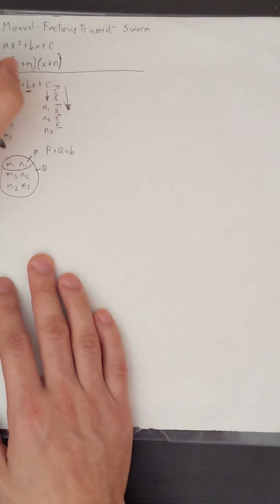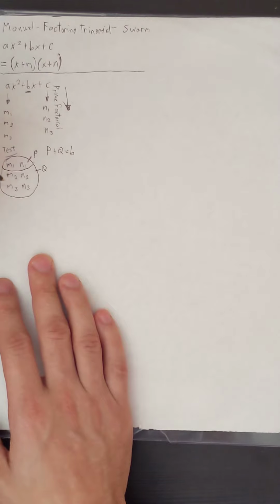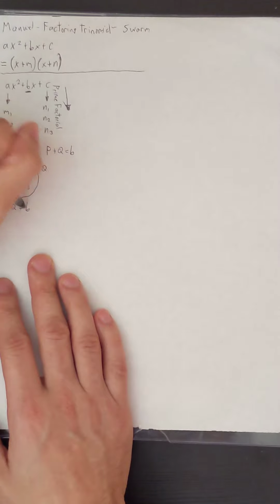We're going to do it like a little test. Let's suppose that we calculated this, and this is the multiplication of the variables together. P is m1 times n1, Q is m2 times m3 times n2 times n3, right? Do they equal B? Let's suppose that in this case P plus Q does not equal B.